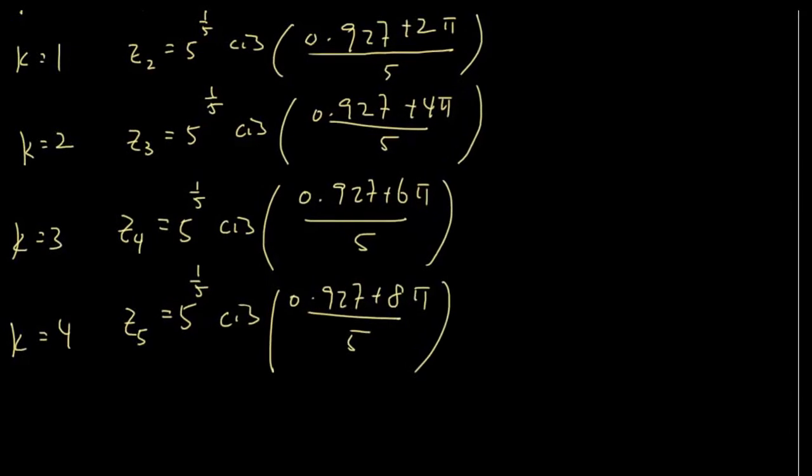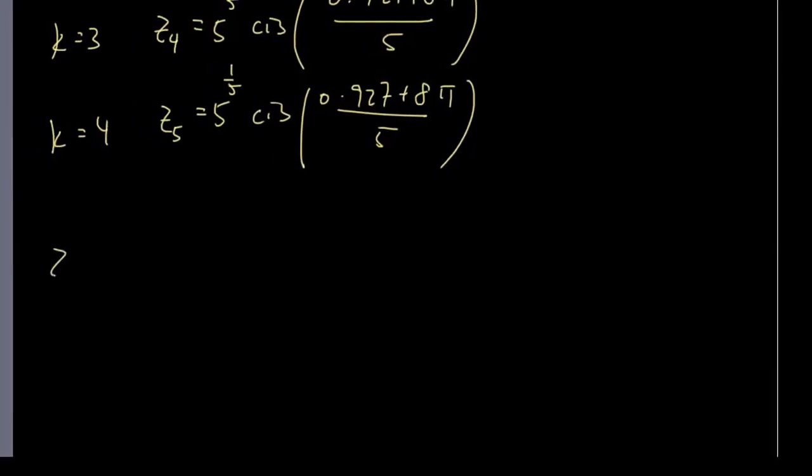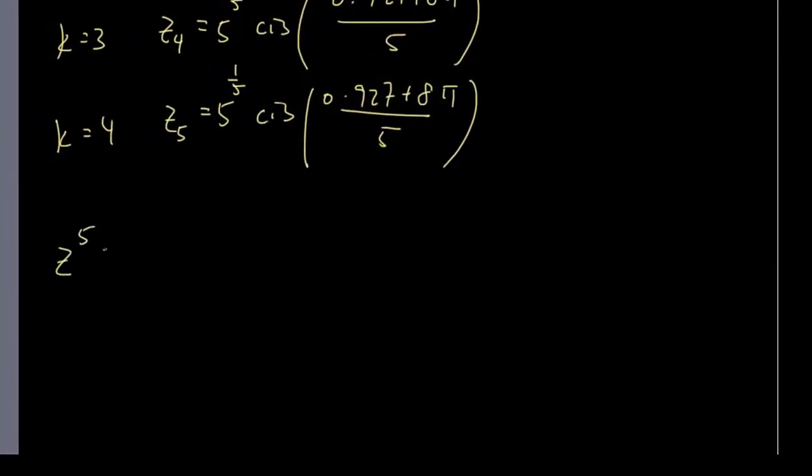Let's just recap for a bit. Our question was z to the 5 equals 3 plus 4i. Find the roots. I will have 5 roots: first root, second root, third root, fourth root, fifth root.